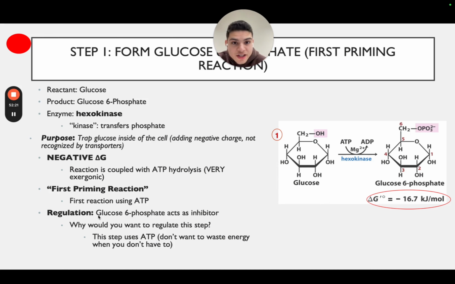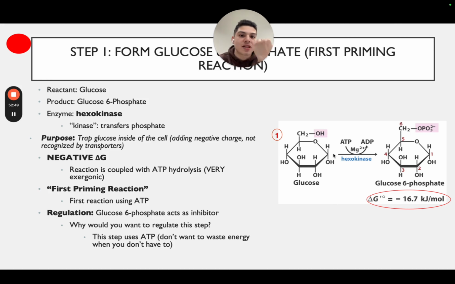And then for regulation's sake, because you should know regulation, glucose 6 phosphate acts as its own inhibitor on hexokinase. The reason you want to regulate this step is because we don't want to overuse our ATP within the cell. If this occurred at its own rate without any regulation, there could be instances where we want to produce glucose because we're fasting or whatever, and we want to produce this in our circulation.